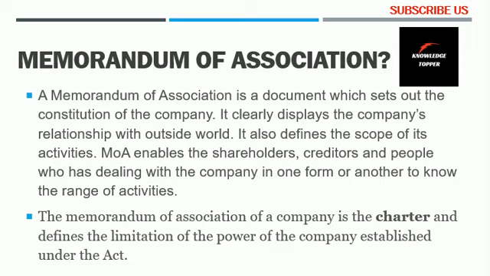That's why it is called a charter or the principal document of a company. It is treated as the constitution of the company as well, and mainly it determines the relationship between the company and the outsiders.